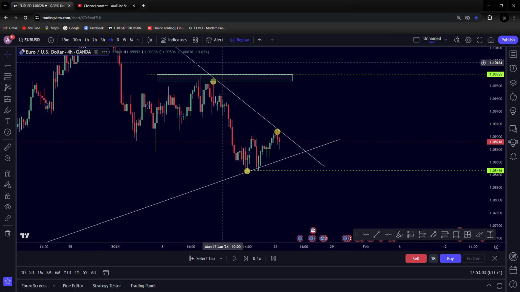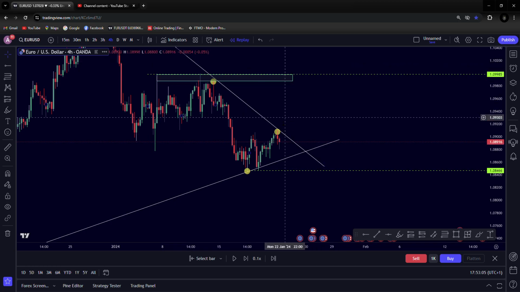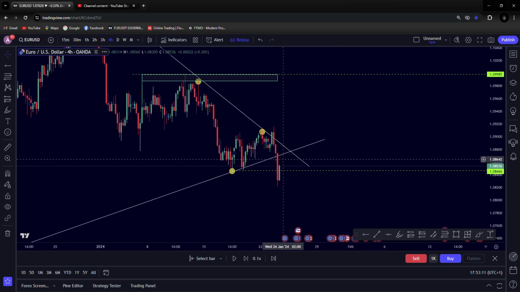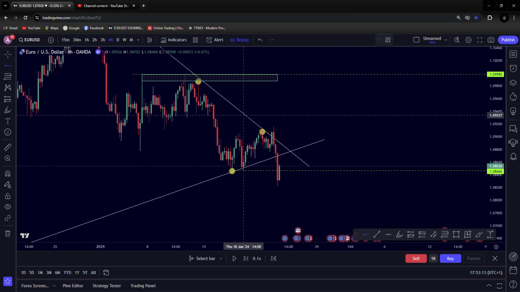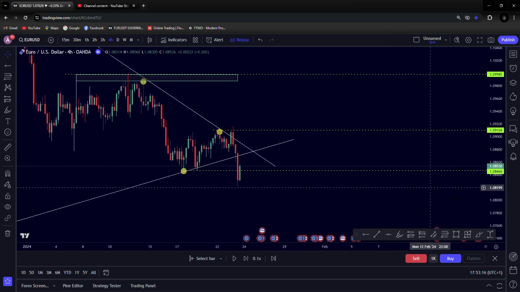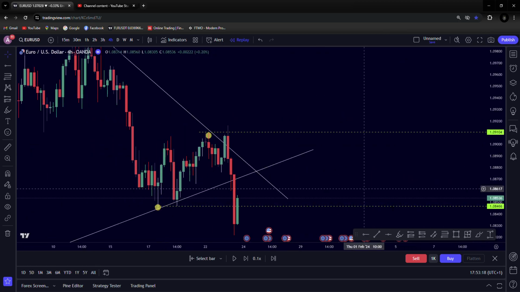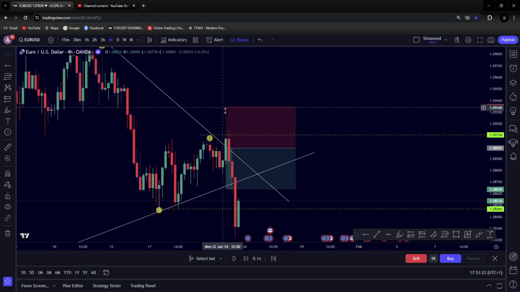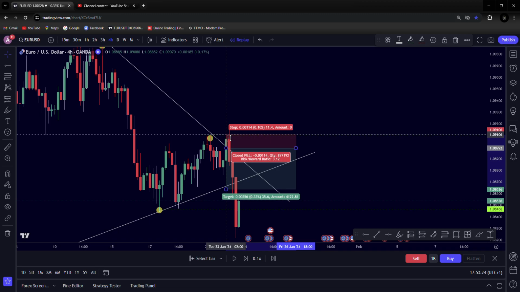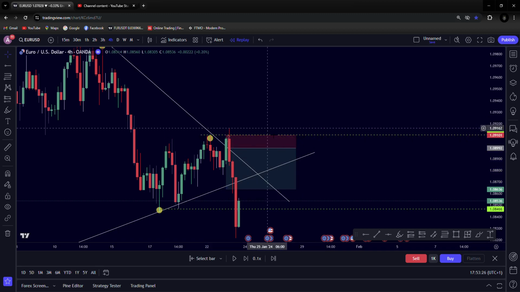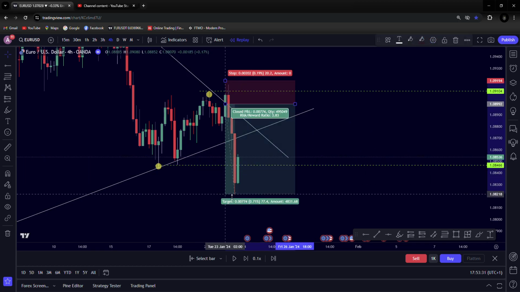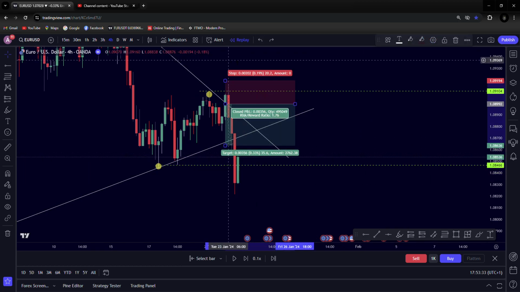We also know over here we have a liquidity zone, we also have over here, and we have on the bottom as well. So what did the price do, if you can see, it came to liquidate the top, where the people entered a short on the third touch of the trend line with the stop loss just above. The price liquidated them and gone down a lot of pips.